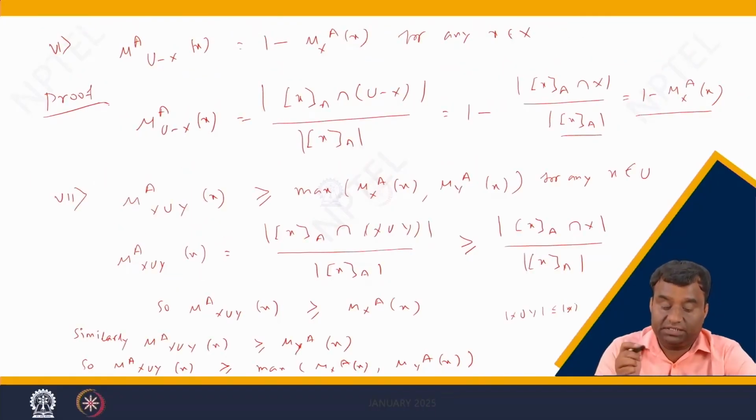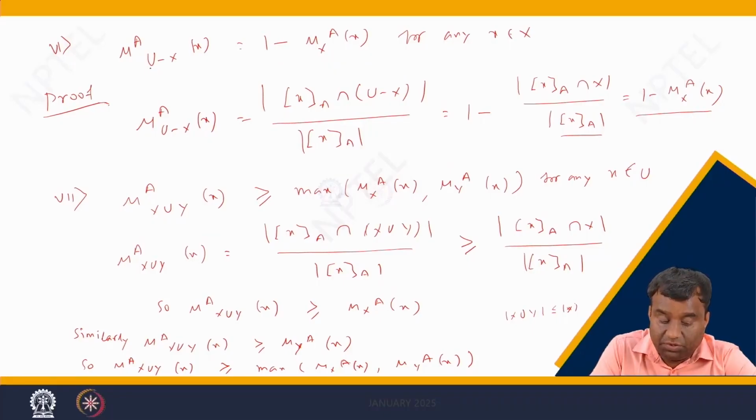Now the next property is that if x belongs to U minus X, then the rough membership function of U minus X is equal to 1 minus the value of the rough membership function, that is mu_X^A(x), for any x belonging to U. Here the definition of mu_{U-X}^A(x) is the cardinal number of the equivalence class of x intersection U minus X, divided by the cardinal number of that class.